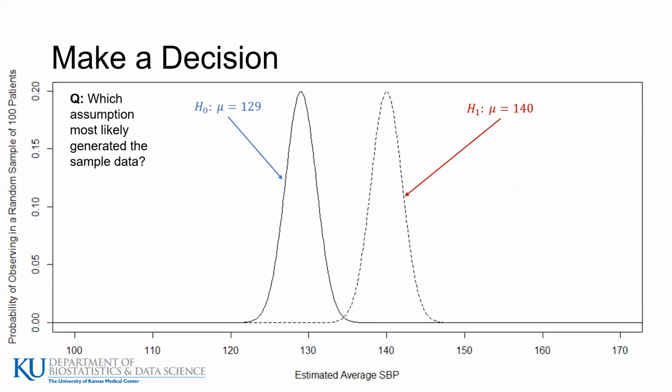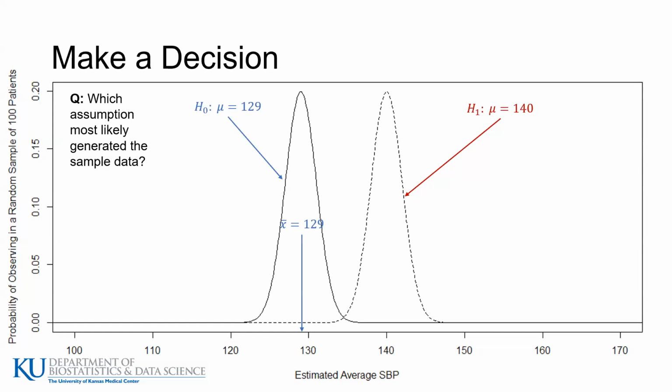Assume that these are two sampling distributions: one based on the null hypothesis, which is that the mean is equal to 129, and against some alternative hypothesis, some hypothesis where we could have a mean of around 140.